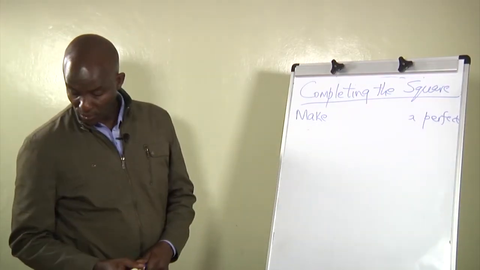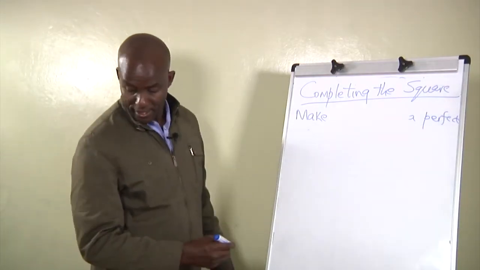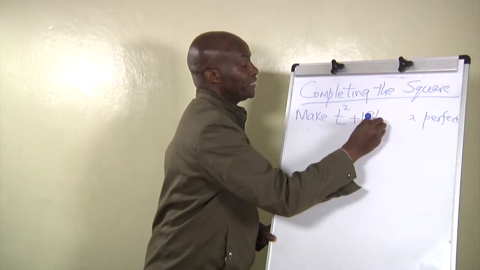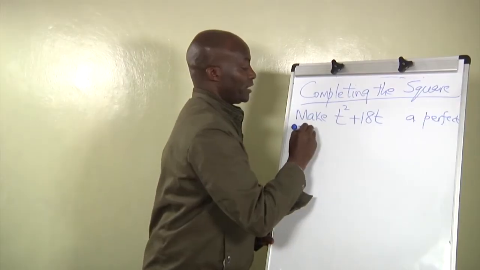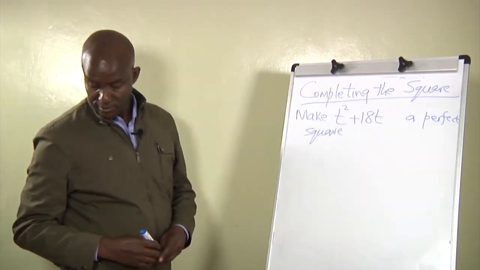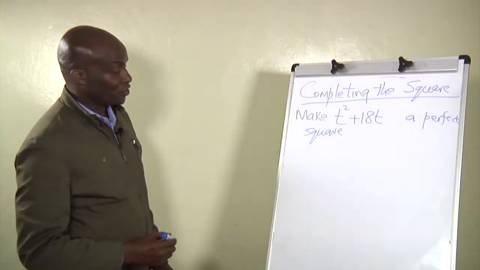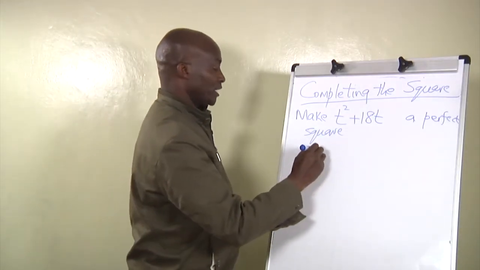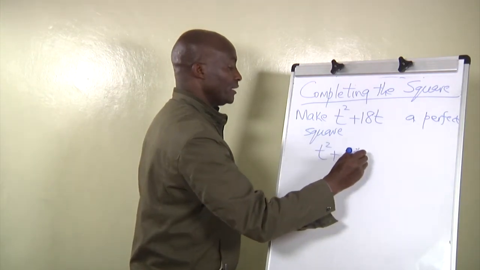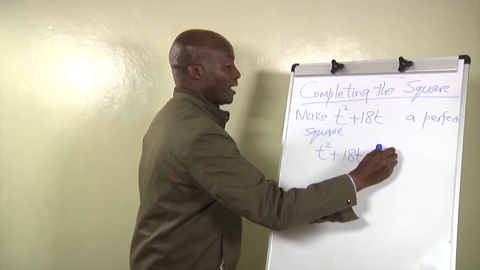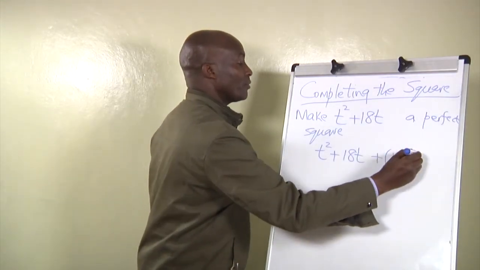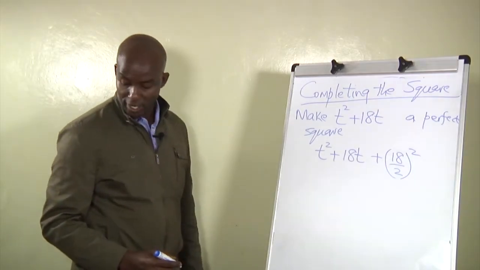Supposing you are told to make t squared plus 18t a perfect square. Following the procedure, we say t squared plus 18t plus half of 18, which is 18 over 2, whole squared, will be the perfect square.